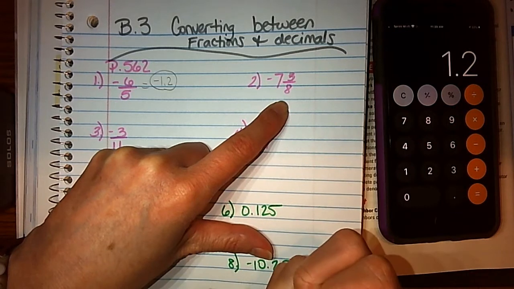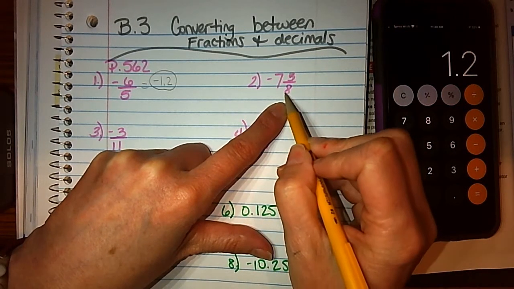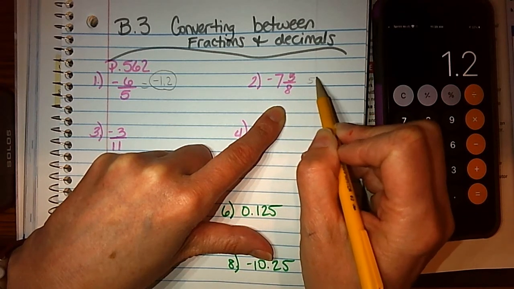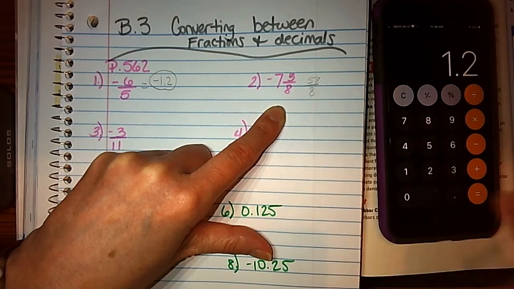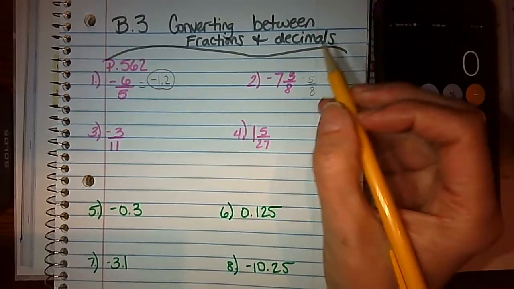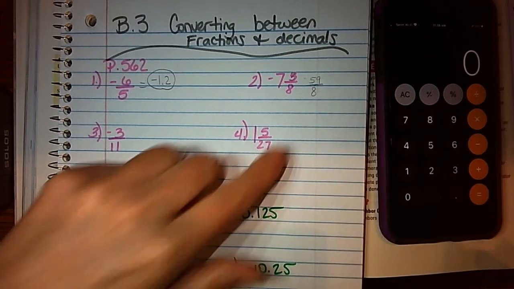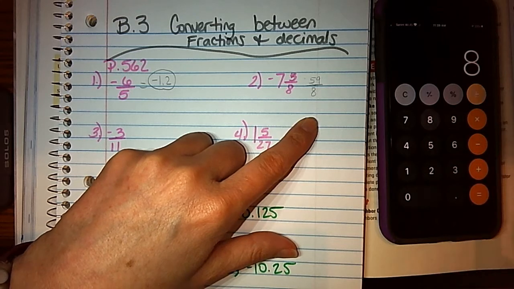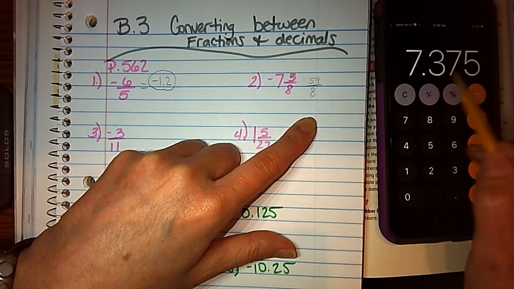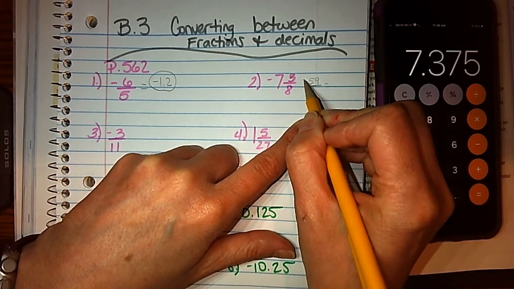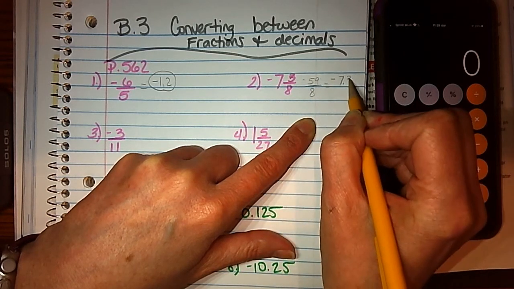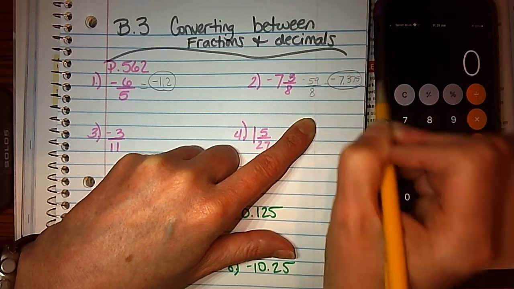So I first got to turn that into an improper fraction. 8 times 7 is 56, 57, 58, 59 over 8. So 59 divided by 8 equals, this is a terminating decimal. It's not going on forever. Since this is a negative, my answer is going to be a negative, 7.375. And that's it.